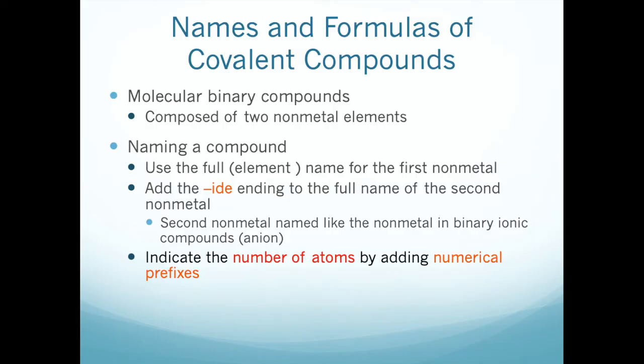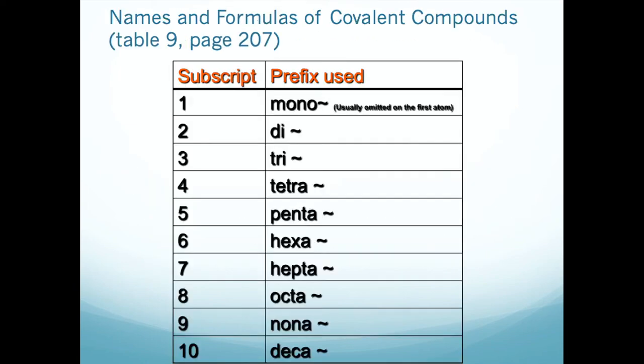Unlike ionic compounds, where you can figure out the numbers of your elements by balancing out charges, with covalent compounds, we don't have any charges to work with. So instead, we need more information in the name to tell us the relationship between our two elements making up our compound. And to do this, we use Greek prefixes.